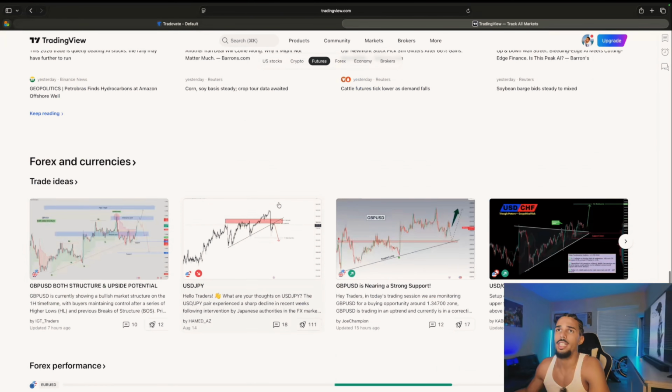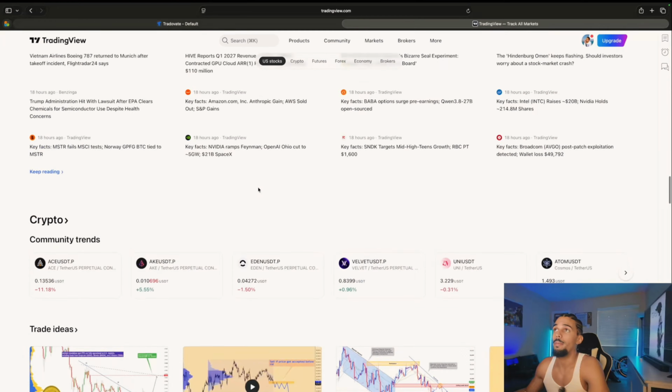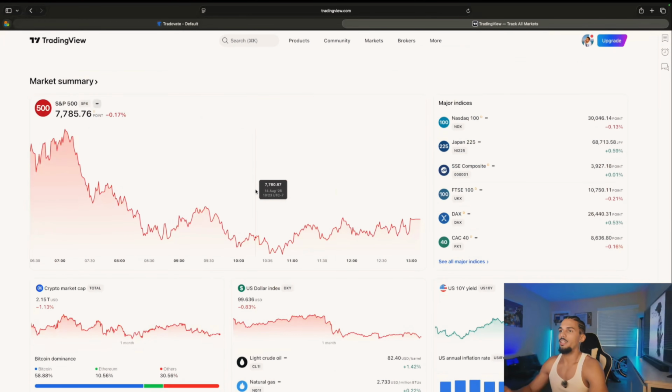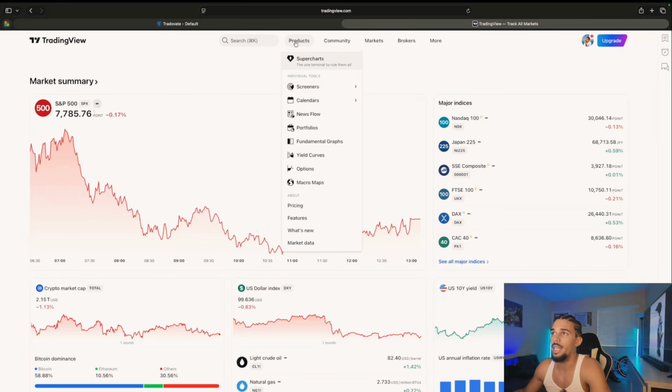It truly feels endless. Forex and currencies trade ideas. It really feels like a cheat code getting into TradingView, because there is so much that it offers you, from community to looking at all the different markets to products that they have. You see everything: calendars, news flow.